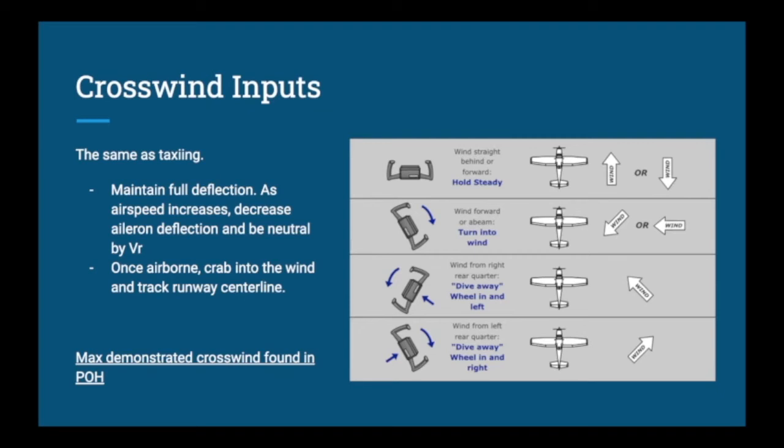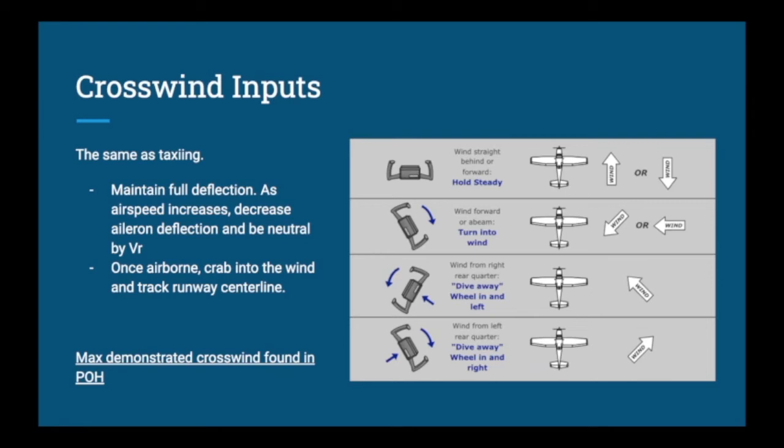Alrighty, so now we'll talk about some crosswind inputs. They are the exact same as taxiing, so if the wind is straight or forward, you're going to hold it steady. If the wind is from your right or a right headwind, just turn your controls into the right. If it's left, you just turn your controls to the left.